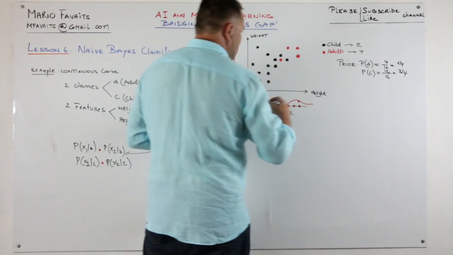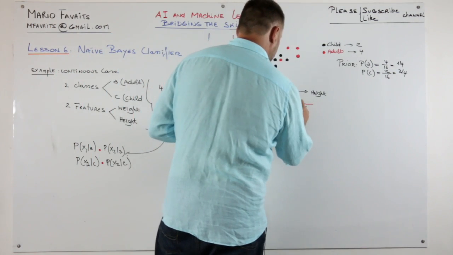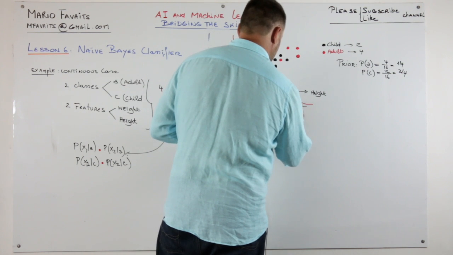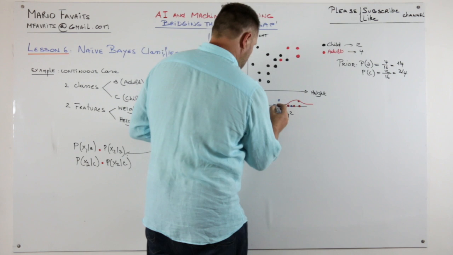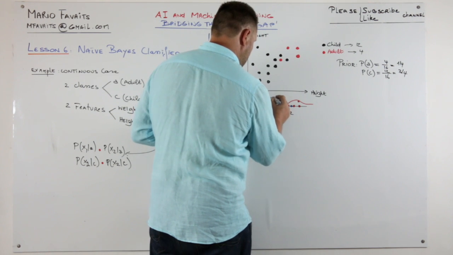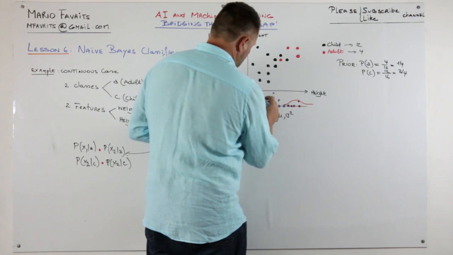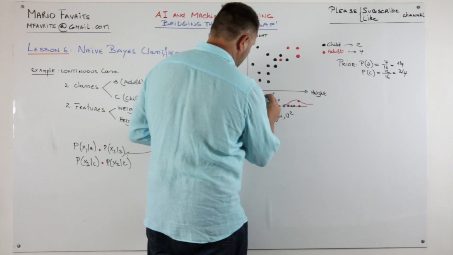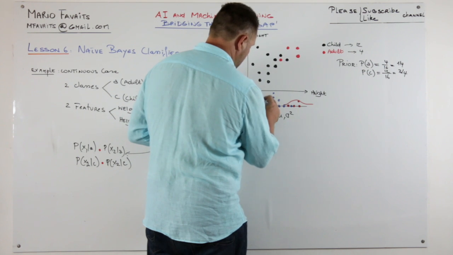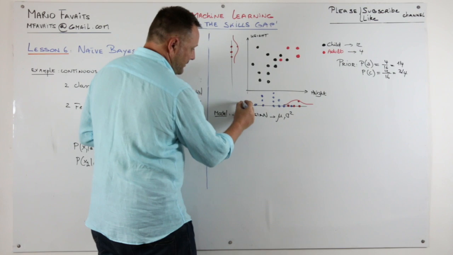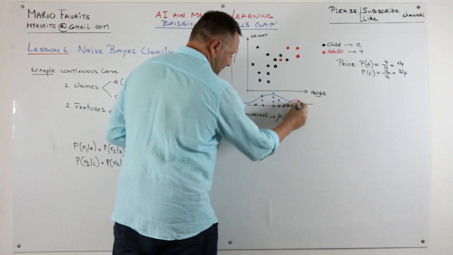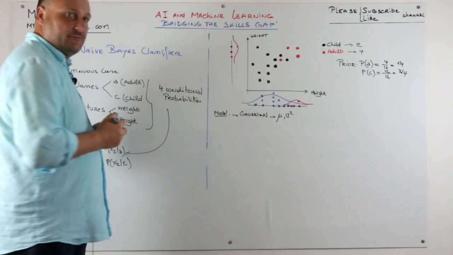Now we're gonna take a look at the children. Here's 1 here, 1 here, 2 here, then 4, 1, 2, 3, 4, then another 3, 1, 2, 3, and then another 1. Yeah, so here we have our Gaussian for the children.